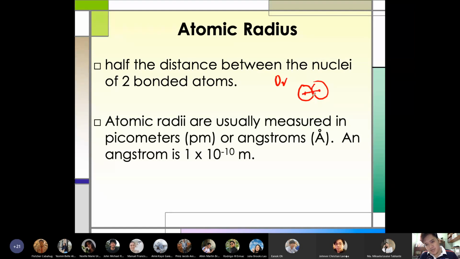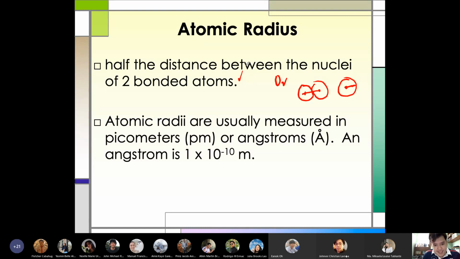But for metals, which exist as monoatomic elements, it's just the distance from the nucleus to the outermost edge of the electron cloud. However, this is very difficult to determine because it's very hard to determine the boundaries of the electron cloud. So the more formal definition will have to be the one for the nonmetals.